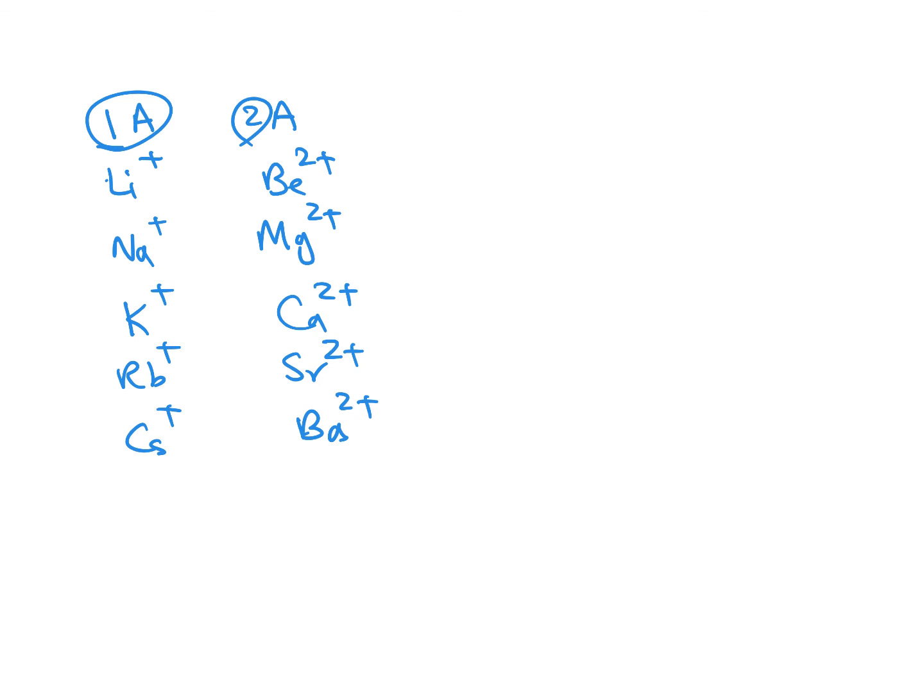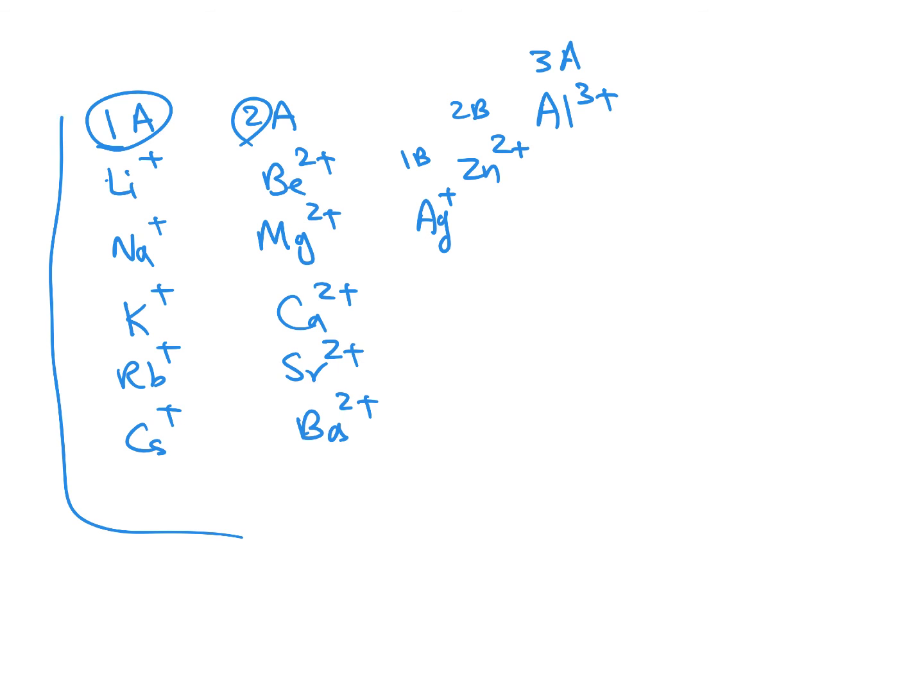And you should know that. Aluminum is in group 3A and has a charge of 3+. Zinc is in group 2B and has a charge of 2+. Silver, Ag, is in group 1B and has a charge of 1+. These ones you should remember.